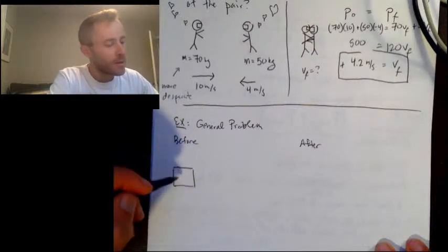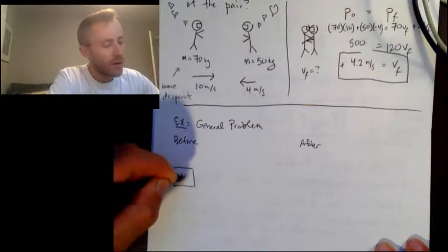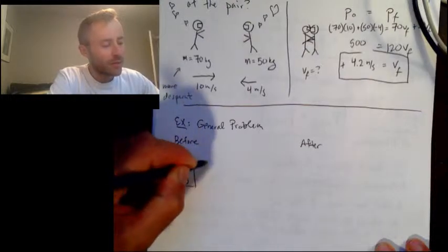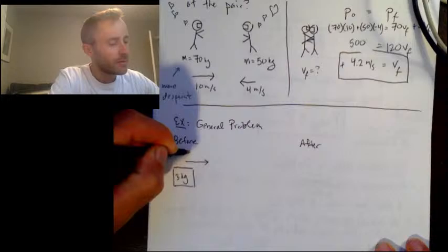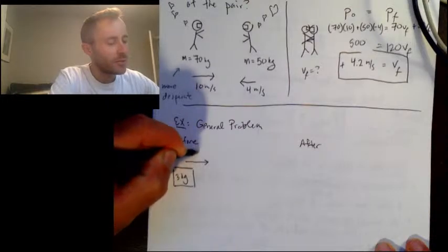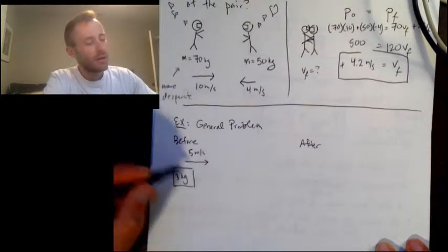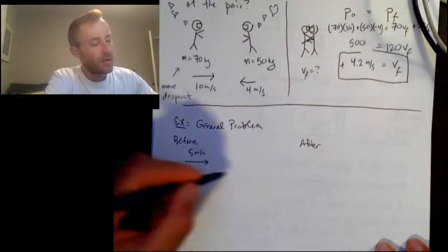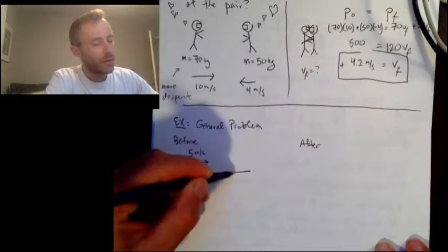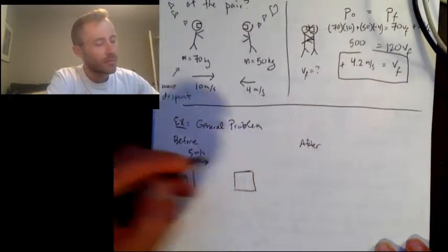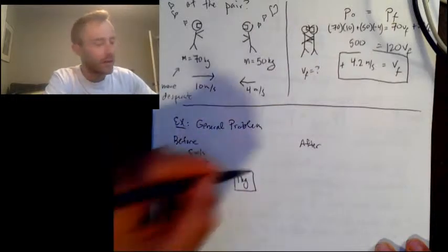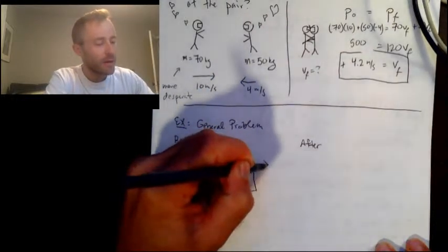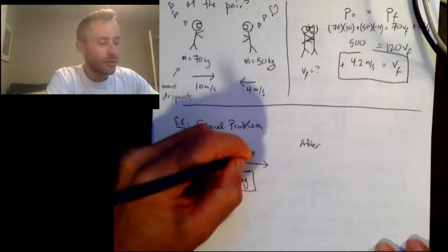We have a 3 kilogram block that is headed this way at 5 meters per second. And then we have a 1 kilogram block that is headed this way at only 2 meters per second.